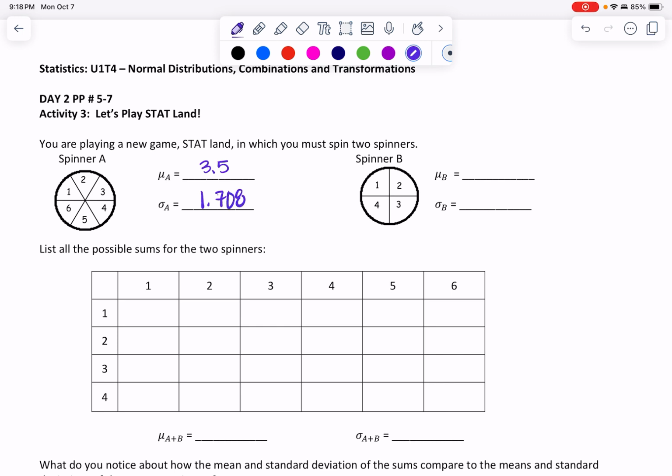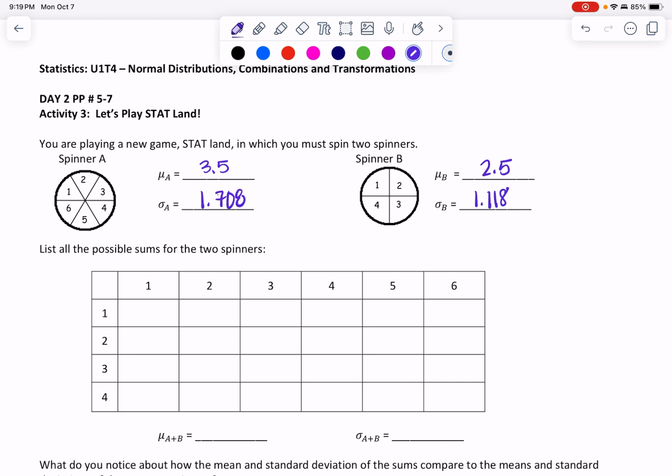And now for spinner B, we got a mean of 2.5 and a standard deviation of 1.118.